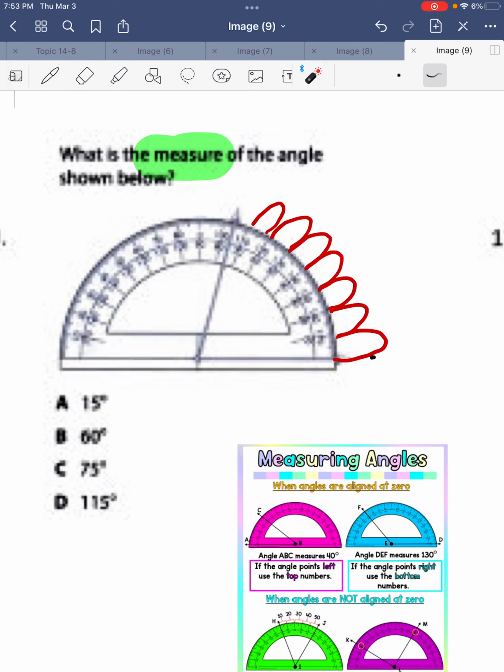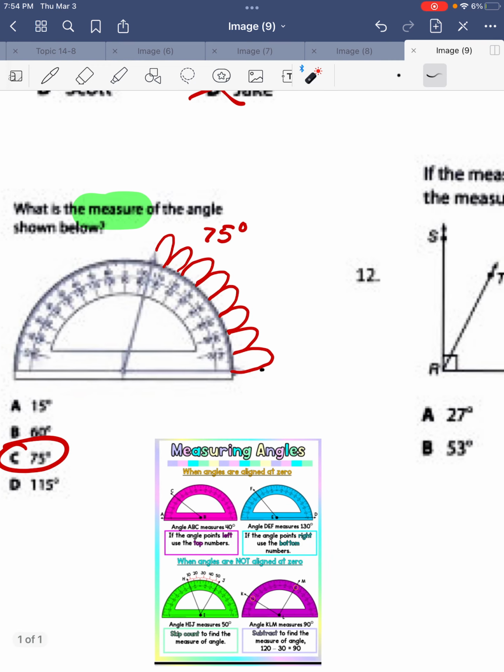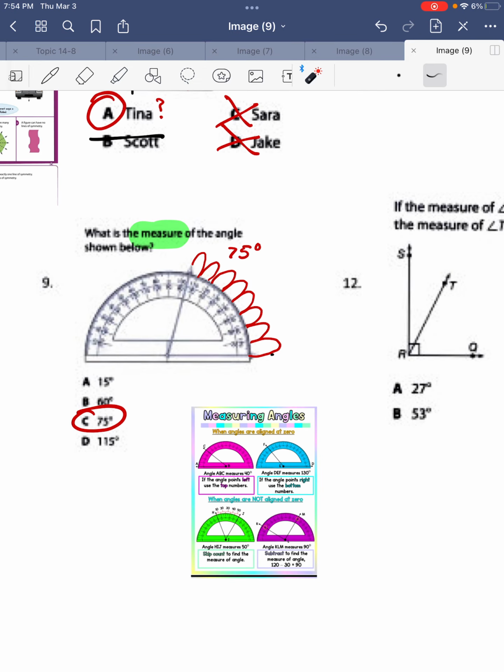You can't really tell, but this would be 80, but it's not at 80 yet. It's in the middle. So because I'm at 70, it's going to be 75. So my answer is C. This will be better to do when you're doing it on your Google Classroom. It's just because I took a picture of it, so it's very blurry.